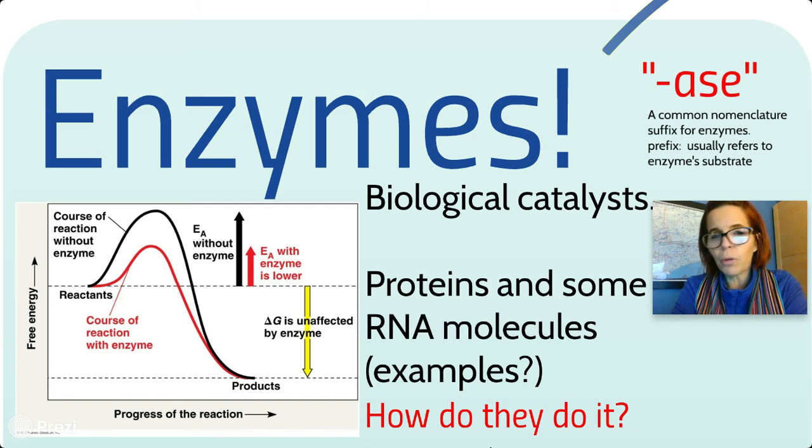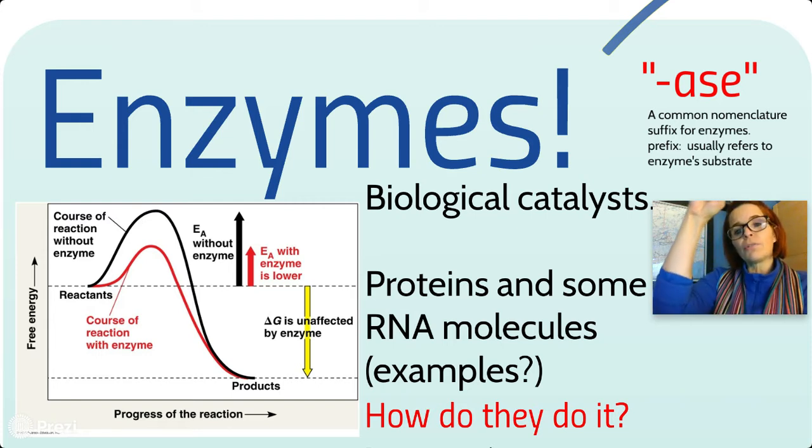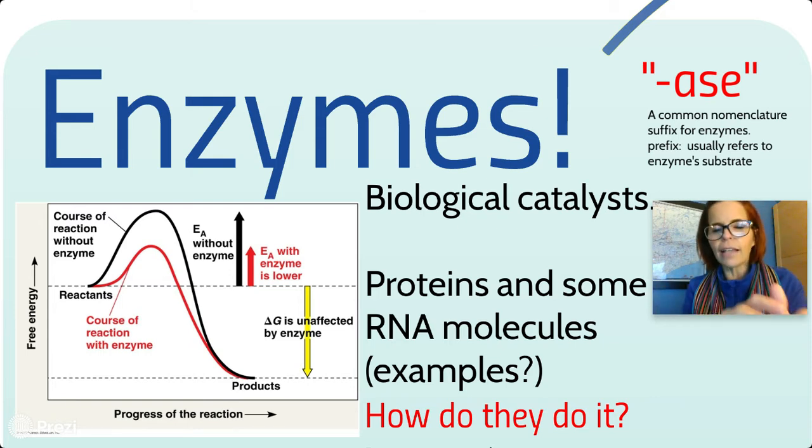If it's a normal reaction and there's no enzyme involved, that's the black line in the graph here. You see that it requires lots of input of energy in order for that reaction to move forward. So we have to add a lot of energy. When there's an enzyme present, we don't need to add anywhere near as much energy, and the reaction progresses anyway. Let me give you a really easy example of this.